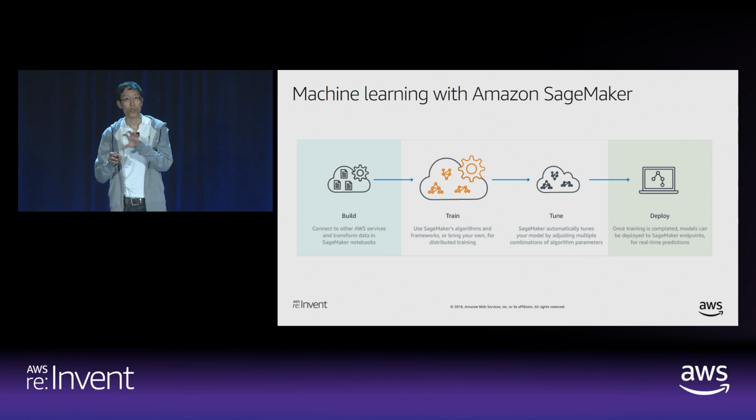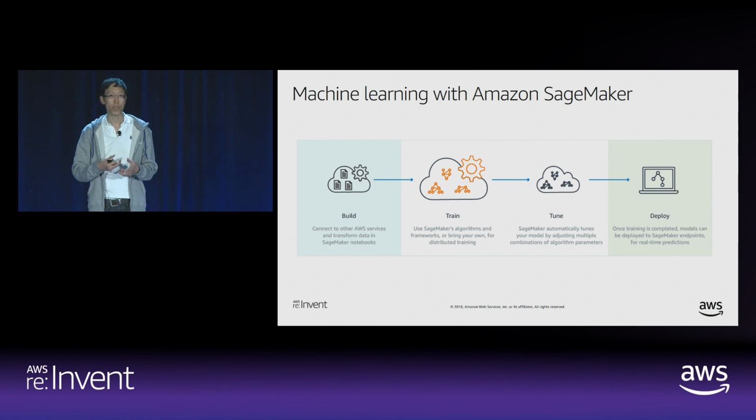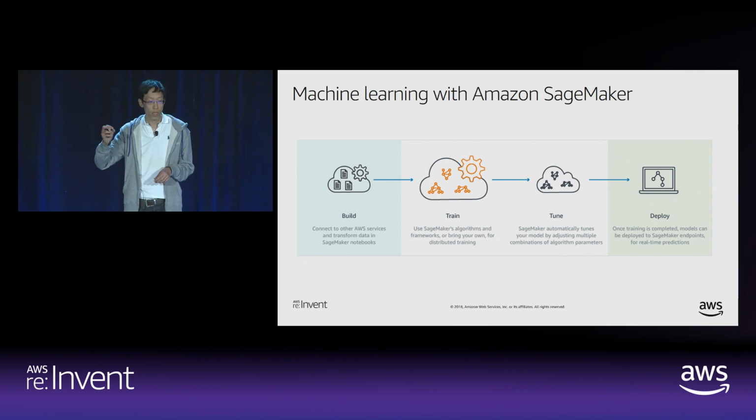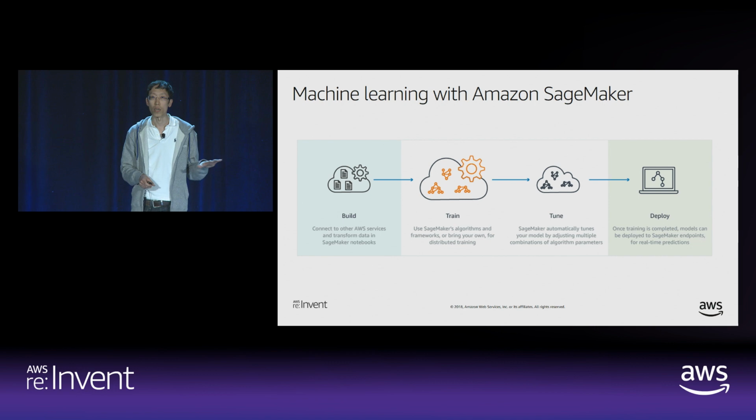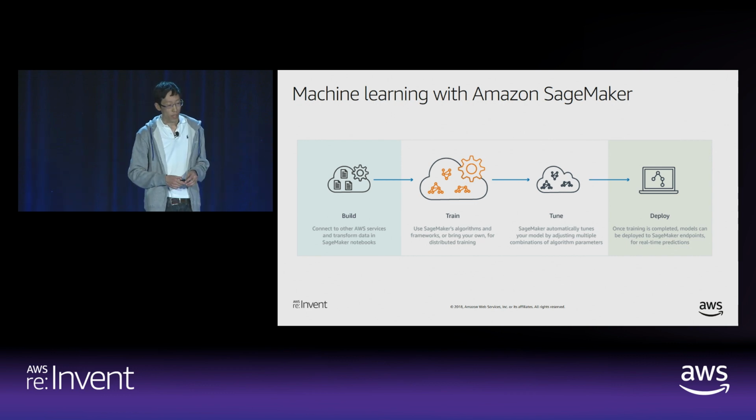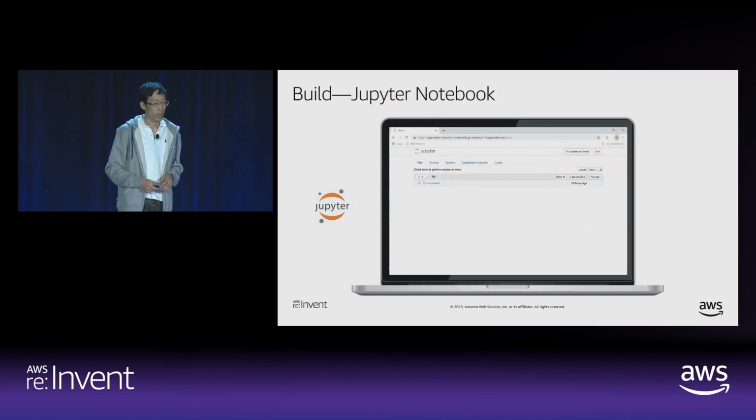From the train, you have to tune, and after the tuning process is complete, you use that model and also the parameters to deploy into production. This is the process of AI, the machine learning, that you have to do from the start to the end.